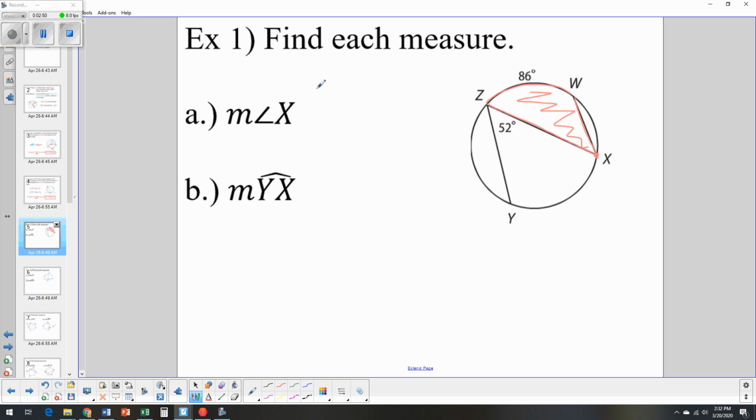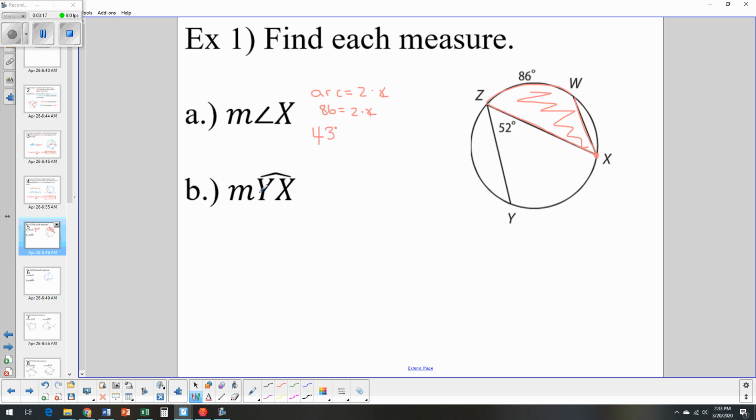So if I use my formula, arc equals 2 times angle, and I substitute in my arc, 86 equals 2 times my angle. If I want to find out what my angle is, I'll divide both sides by 2. So the measure of angle x is 86 divided by 2, or 43 degrees.